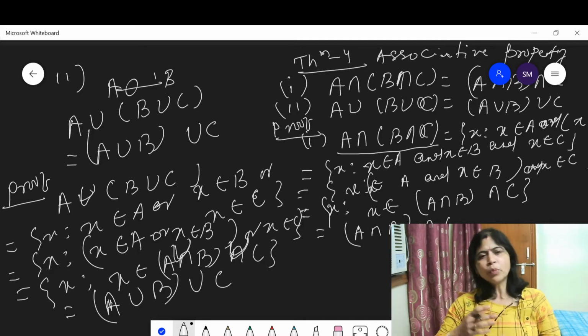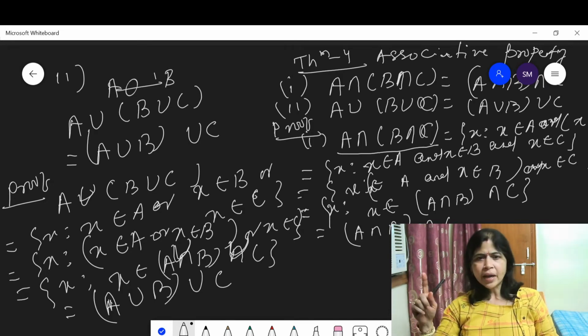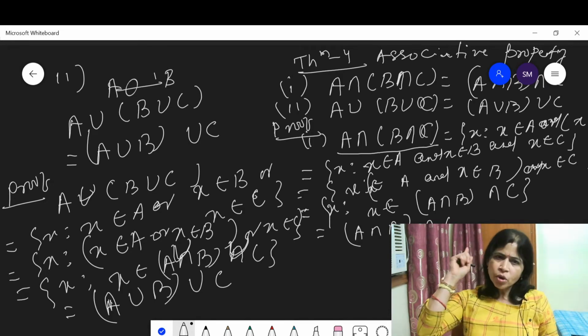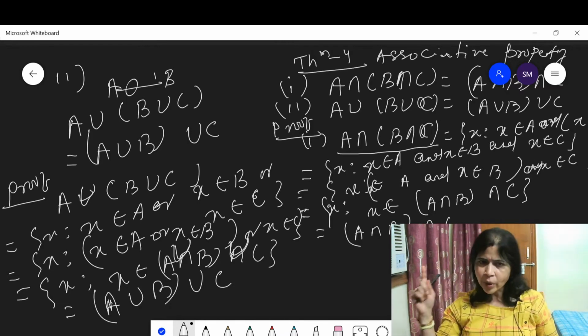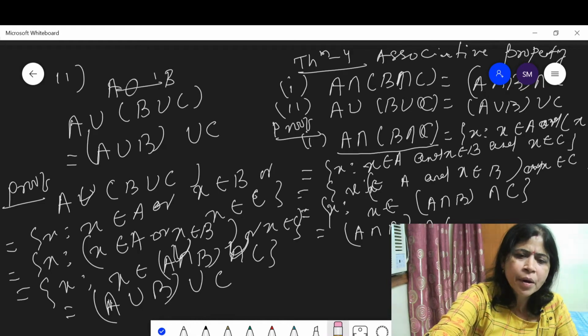At first we proved that A union A is equal to A, and A intersection universal set is equal to A. Then next, theorem 2 says the identity property.